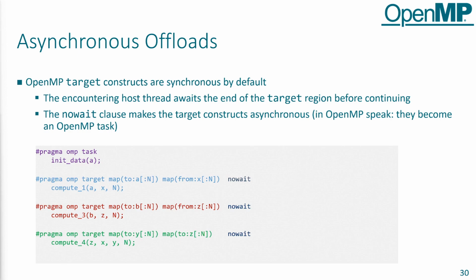Now, the way we designed OpenMP offload features is that we tightly integrated them with OpenMP tasking. What this means is when you use the OpenMP nowait, like here, you actually turn the offload region into an OpenMP task. That's our OpenMP lingo for that. And that's why I put up this purple task here, because that is initializing data that one of the kernels needs to work on.